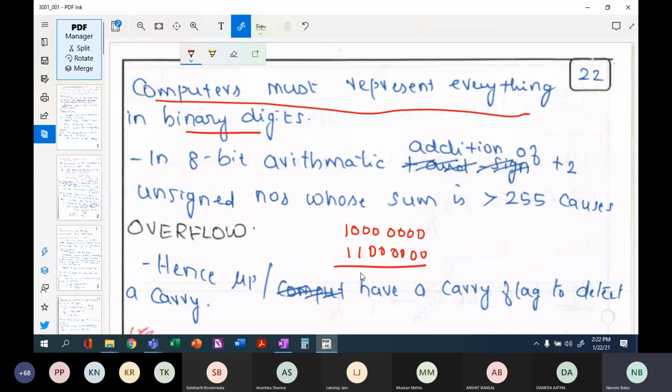So what will be the sum? There will be an overflow or a carry, but since there is a hardware limitation, the computer will look only at these 8 bits. They will not bother about what is happening to the carry.